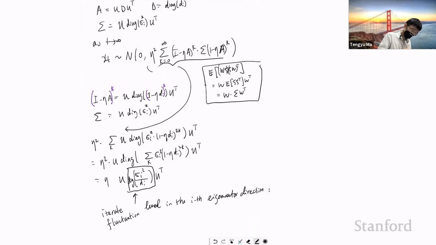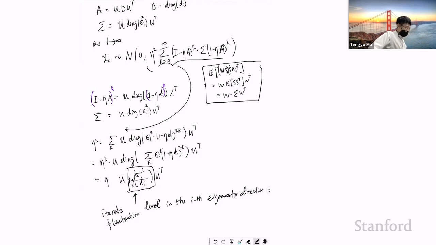Because we are computing the fluctuation of the iterate, and the fluctuation level in the eigenvector direction depends on the noise level in that direction, and also on how strong the contraction is. If the contraction is big, you are going to have smaller iterate stochasticity, because such a strong contraction doesn't allow the noise to build up. And if the noise is big, of course, eventually you're going to have a larger fluctuation in the iterate.